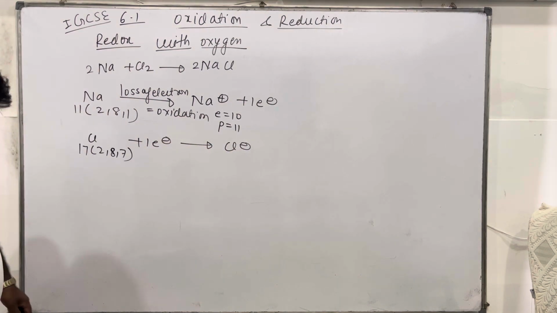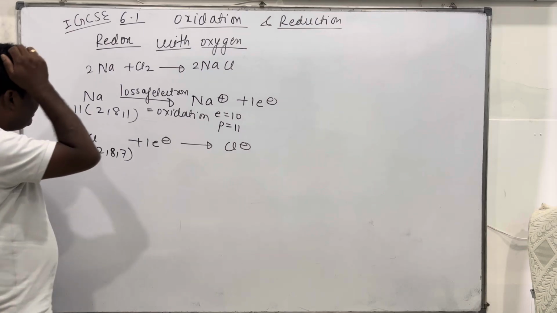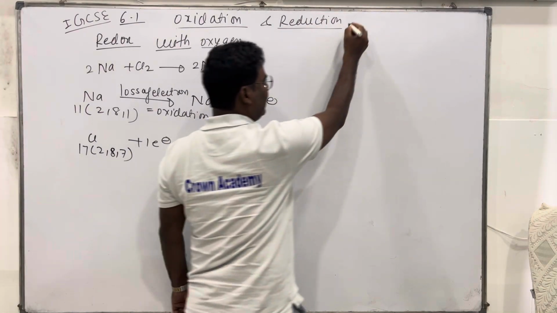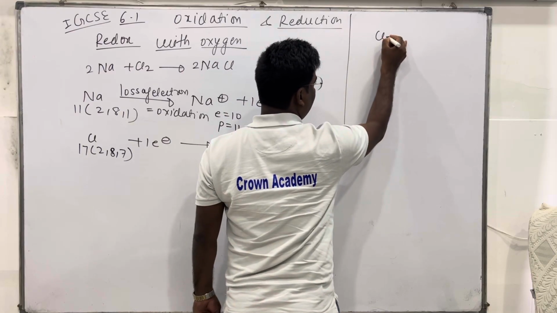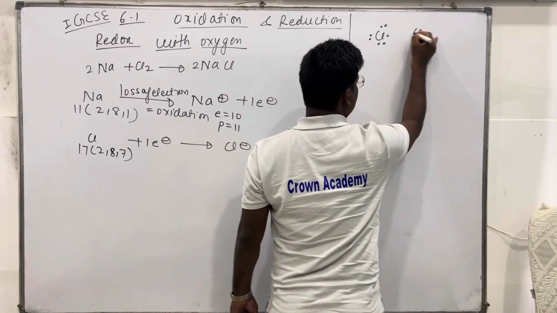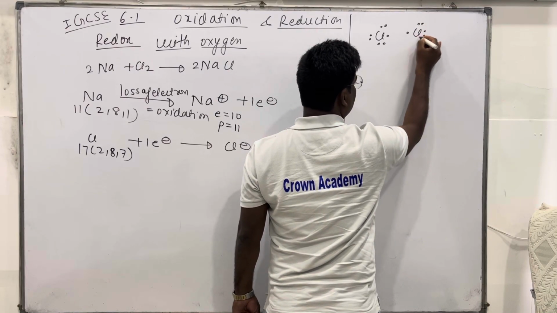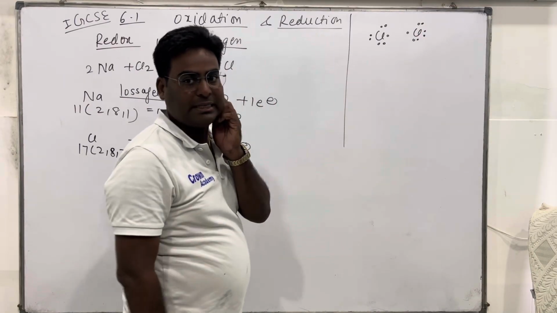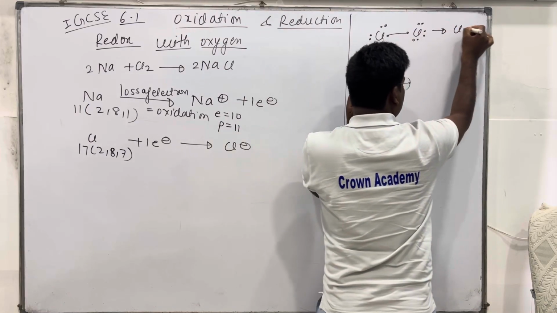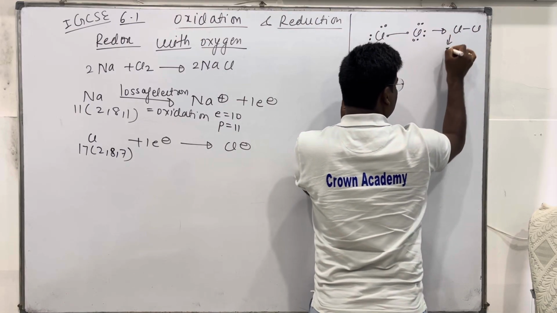But a single chlorine atom is not present. It combines with another atom and forms chlorine gas, because chlorine has 7 electrons in the last orbit. It will share 1 electron to form the chlorine molecule, Cl2.